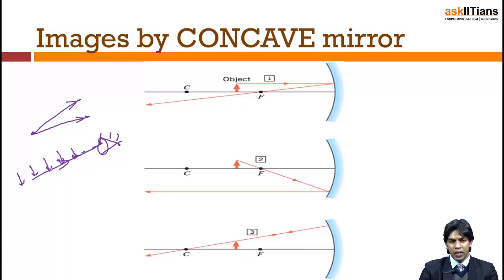But if the light from the same point hits me at a different point, then according to me the light is coming from this point. So hence this is the common point.